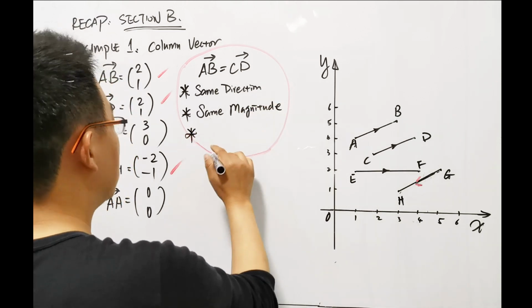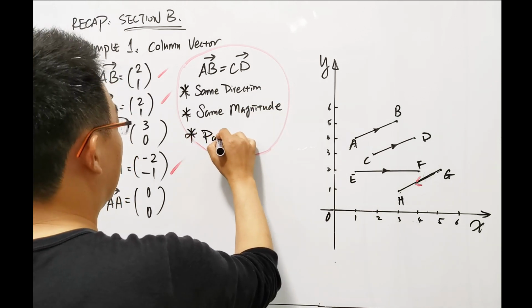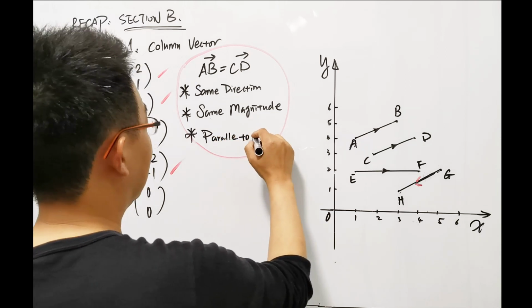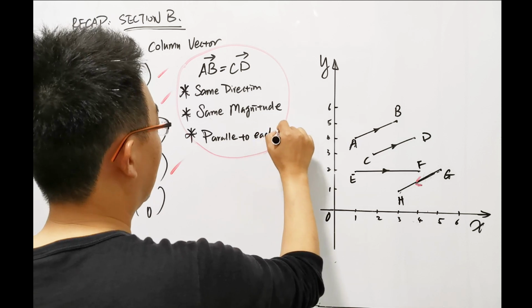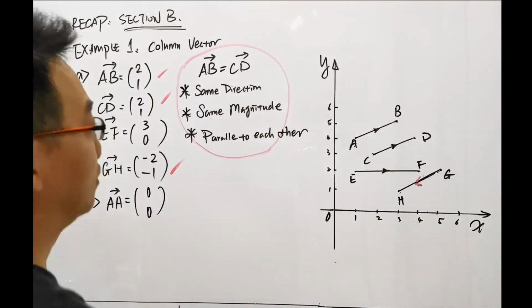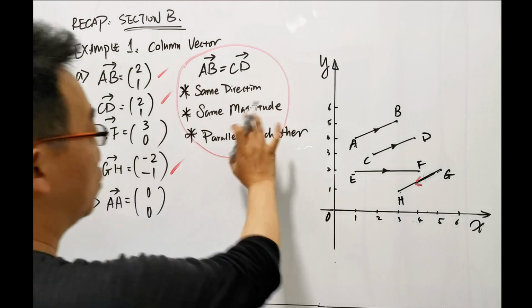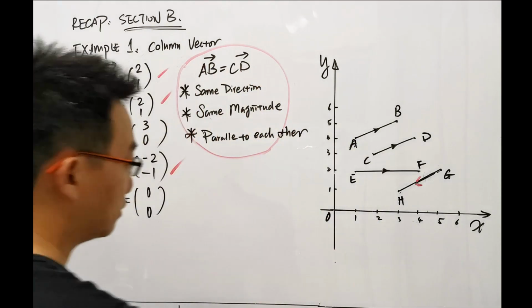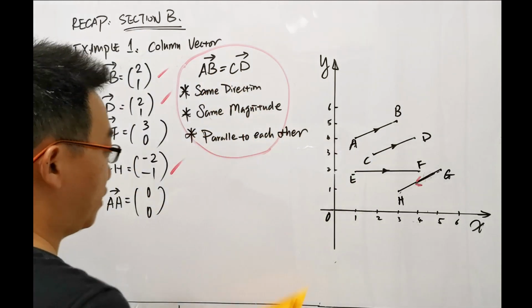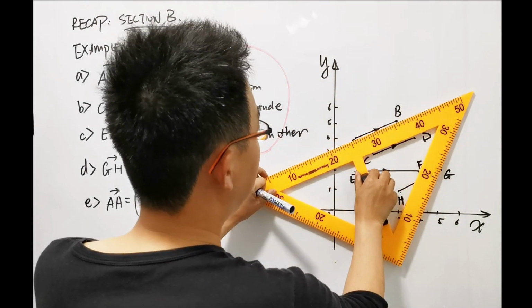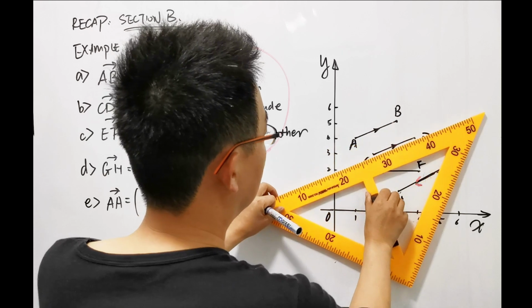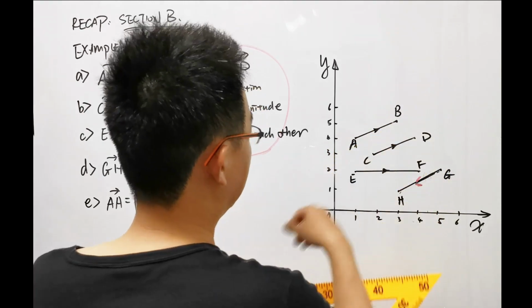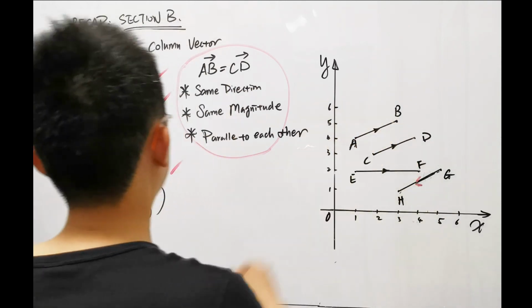And they are also parallel to each other, right? So this is very important information. We will discuss it in our next class, but I just tell you in advance. Same direction, also parallel, and at the same time the magnitude is also the same.